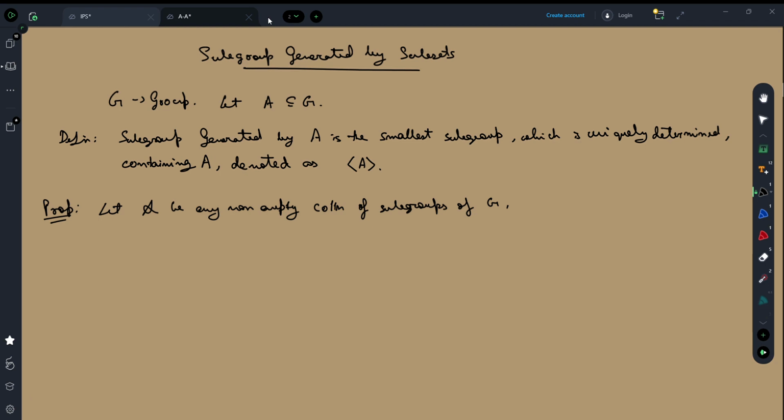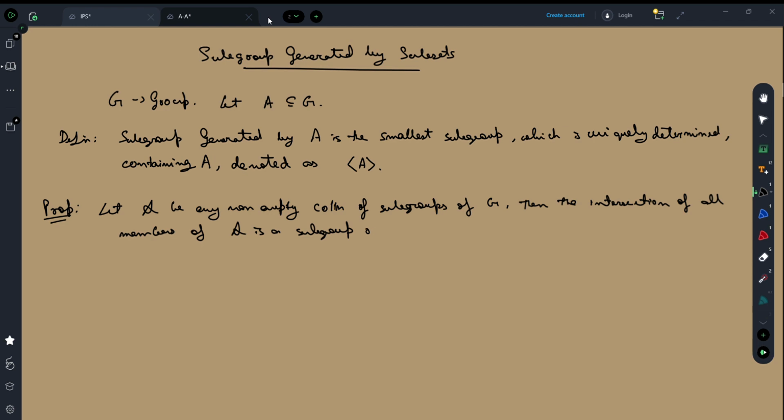So let A be any non-empty collection of subgroups of G, then the intersection of all members of A is also a subgroup of G.